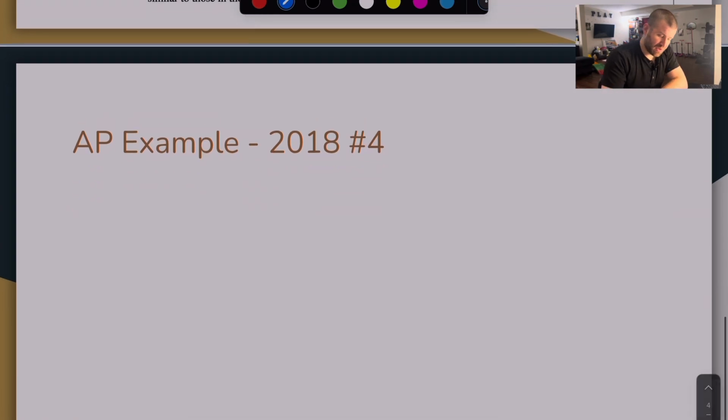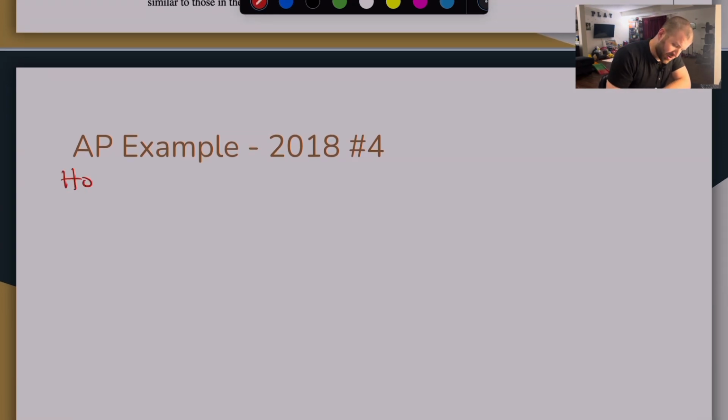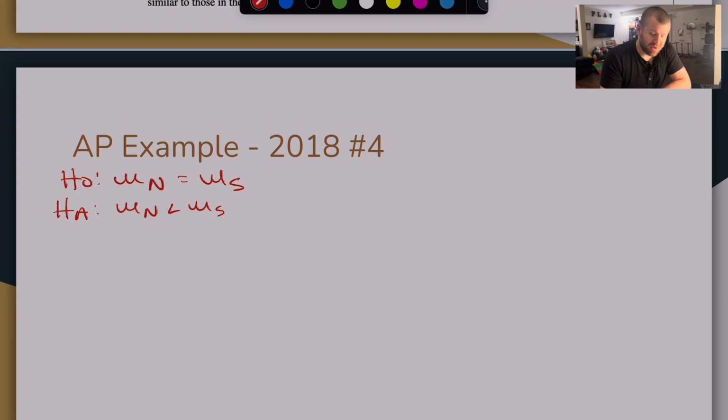And so for my null hypothesis here, I'm going to assume that the mean recovery time for the standard is equal to the mean recovery time for the new. My alternative is going to be that the new one has a shorter recovery time.